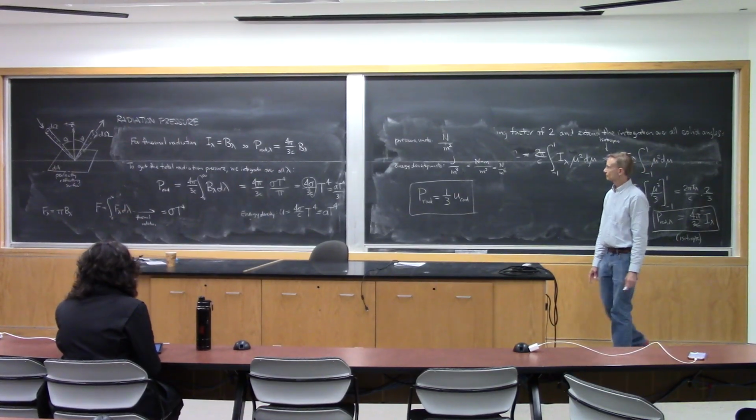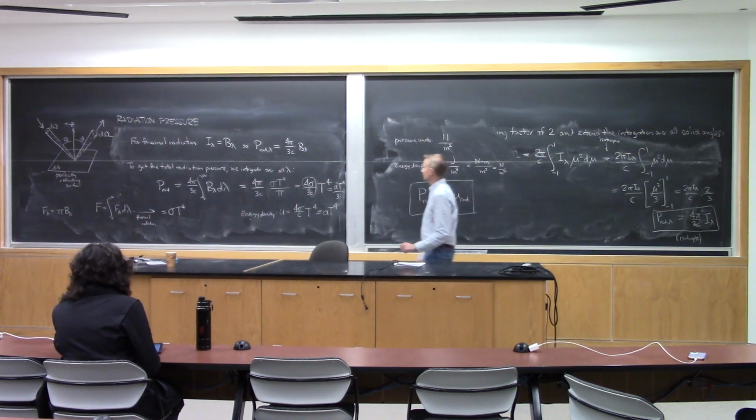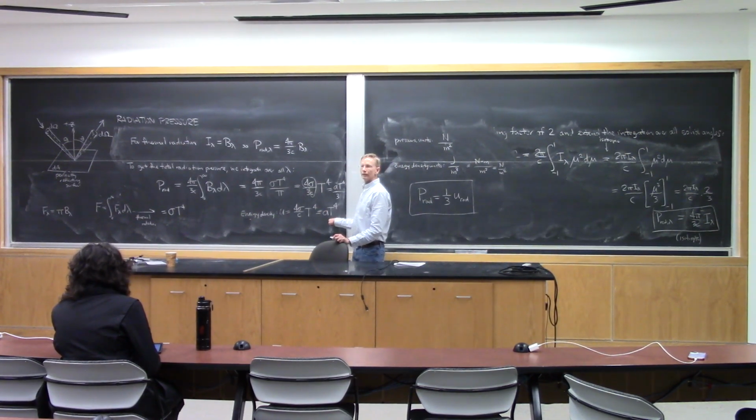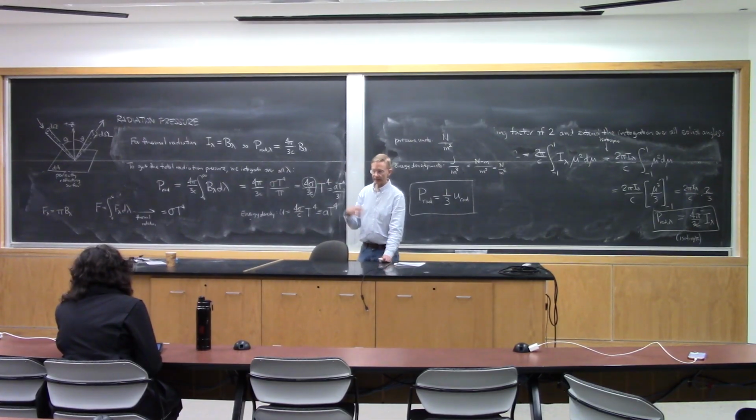Yes? Should there be a 3 in the denominator of each a t to the 4th? Of this one? No, because the energy density doesn't have it. So U is the energy density. It's the energy per cubic meter in the radiation field.